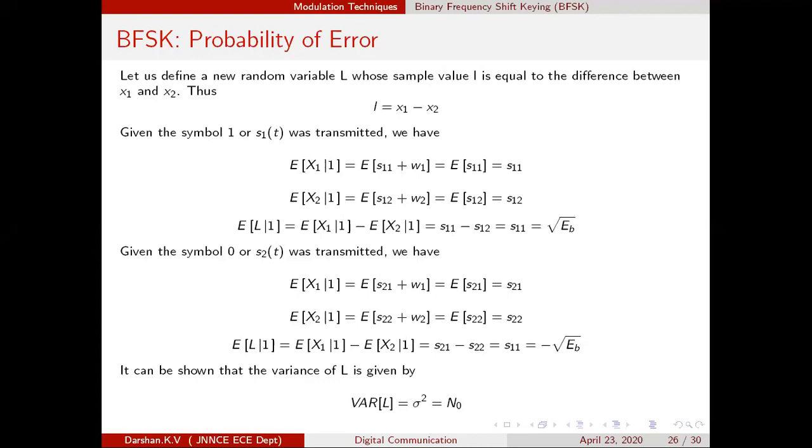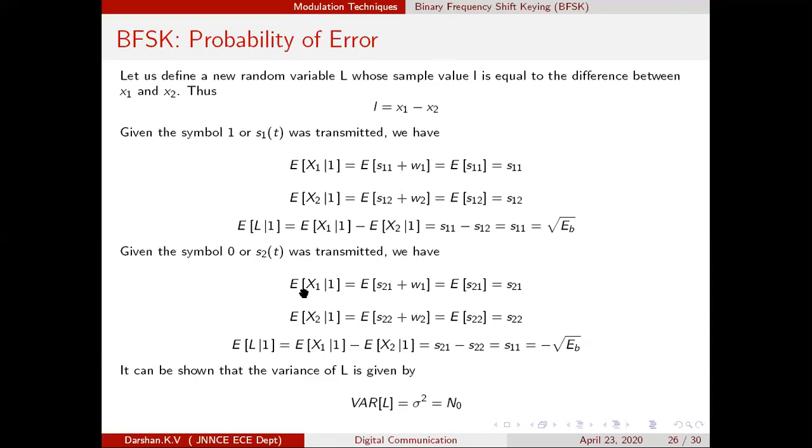So then what are the two coordinates, x1 and x2? Then the value of L here is again the same, because of a typing mistake it has been copy pasted. What we are supposed to understand is when the symbol 0 was transmitted. I am very sorry, we should make a small correction here.